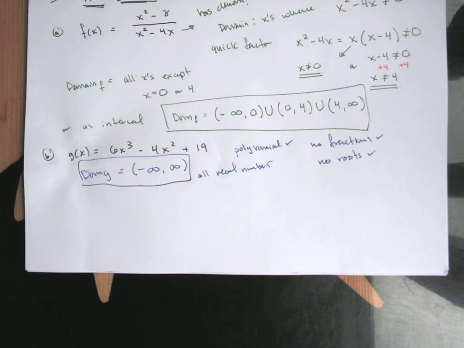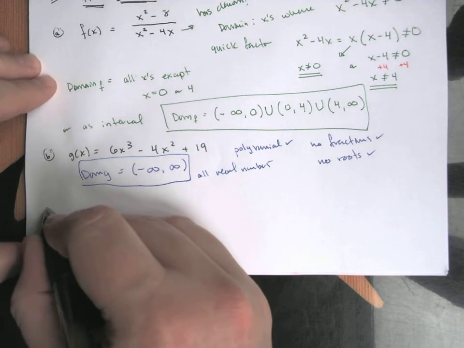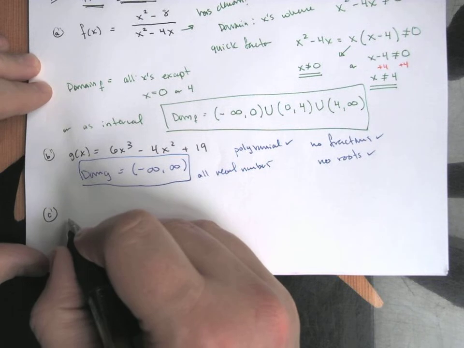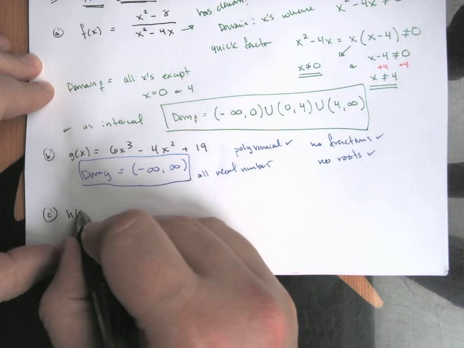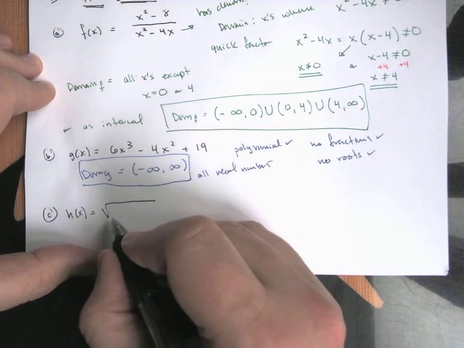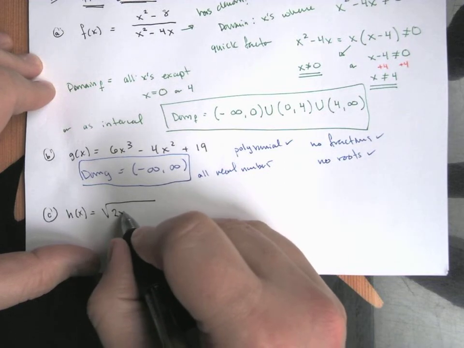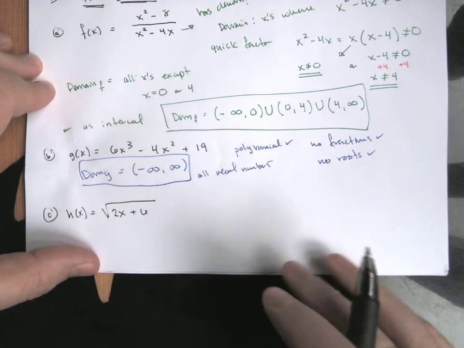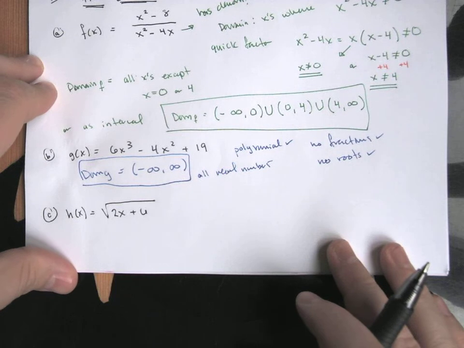Let's do one last one that uses a root. So maybe I've got something like f, g, h, right? That's how these things normally go. What could we put under here? 2x plus 6, something like that, square root.